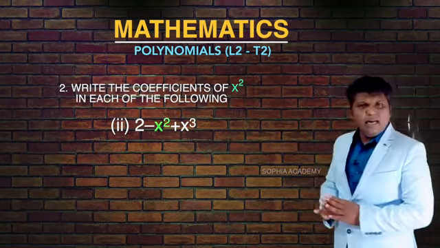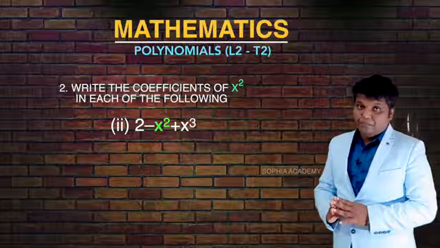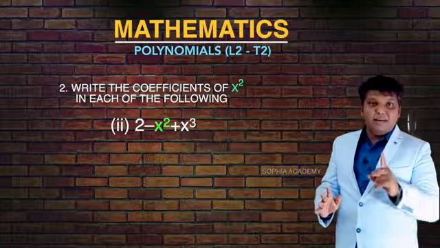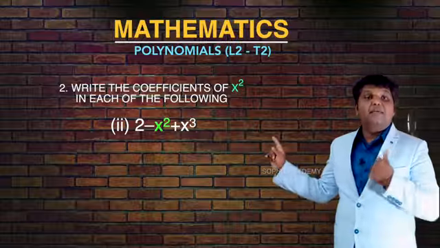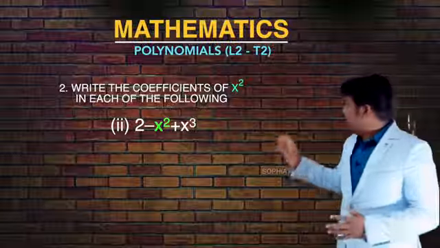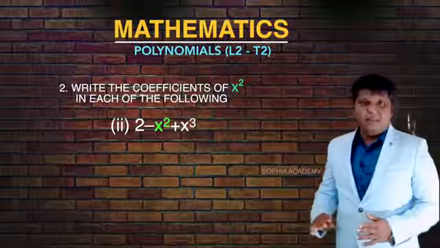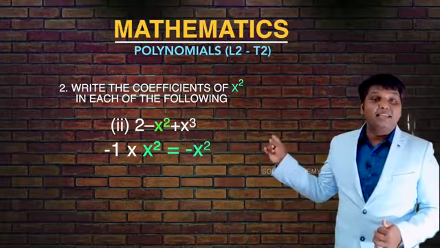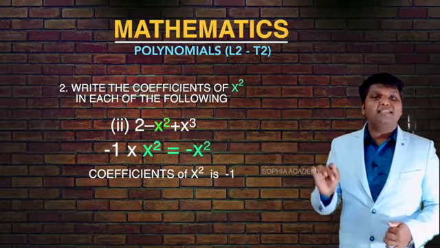In front of x square, is there any number? No. There is no number, right? So if there is no number specified there, we will take it as 1. Now let us check out the sign. Just check here. In front of x square, you can see there is a minus sign. So we will say the coefficient of x square in this polynomial is minus 1.